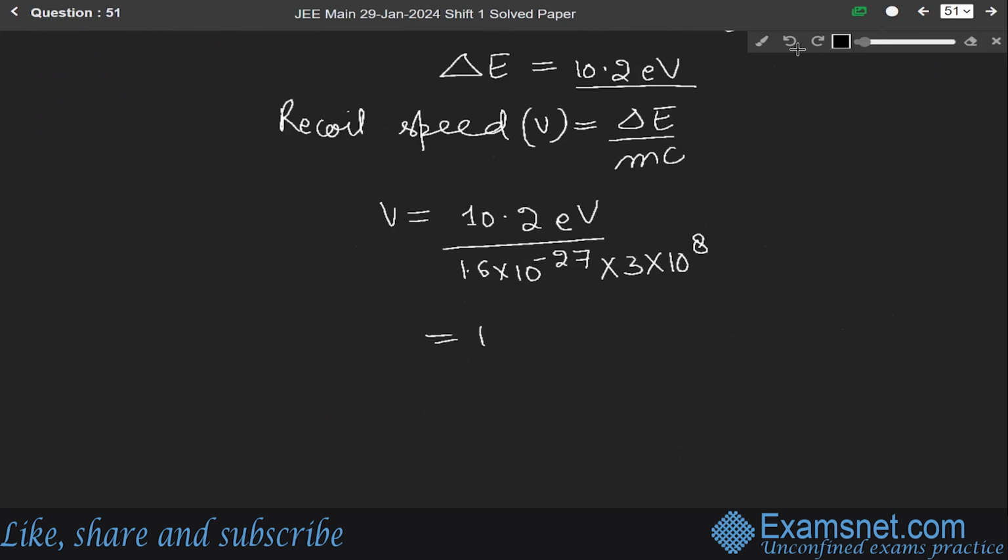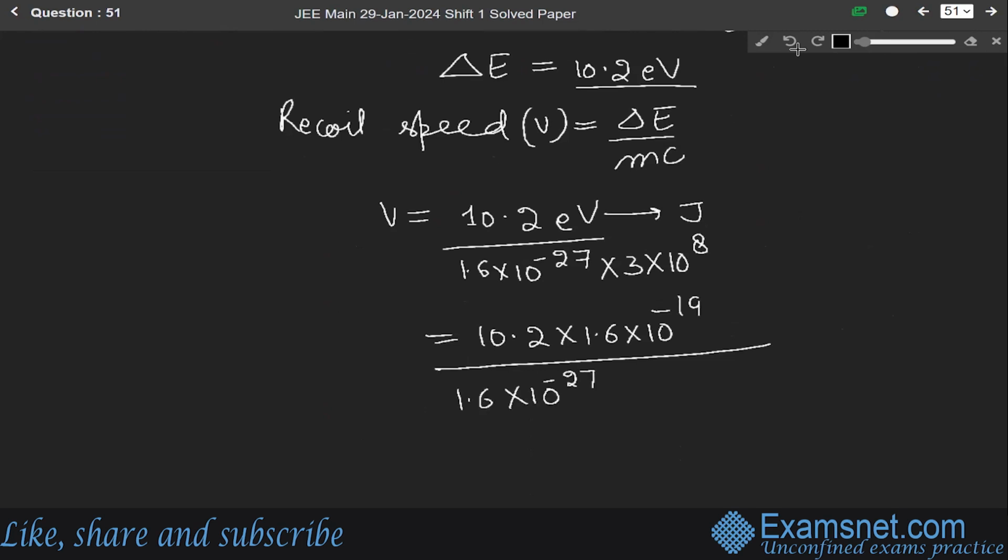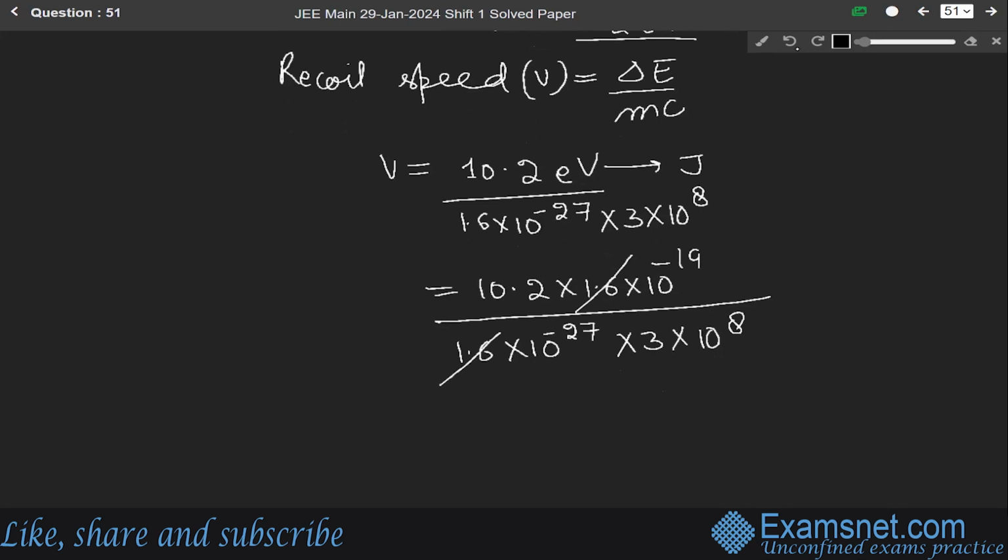So we will get this 10.2, convert this electron volt into joule. So we get 1.6 into 10 to the power minus 19 joule divided by 1.6 into 10 to the power minus 27 into 3 into 10 to the power 8. 1.6 cancels out each other, and this will become 3.4 meter per second. 3.4 meter per second means 17 by 5 meter per second.